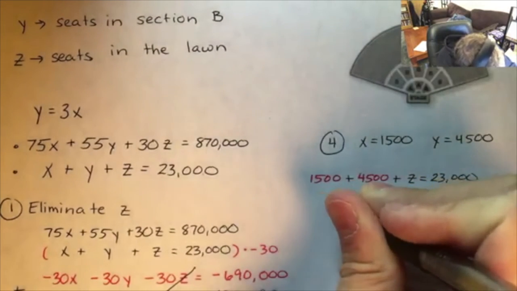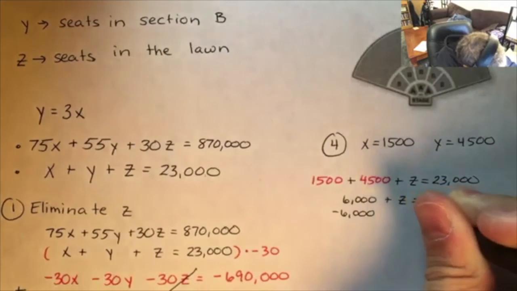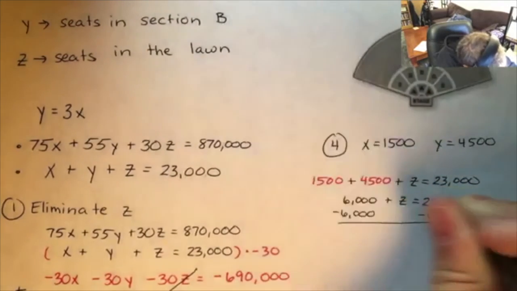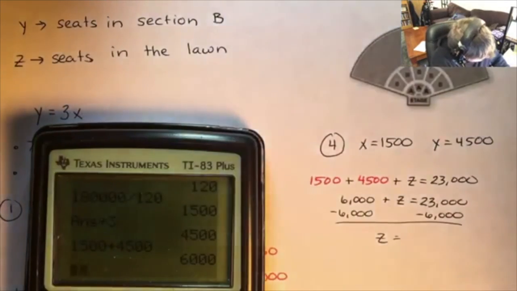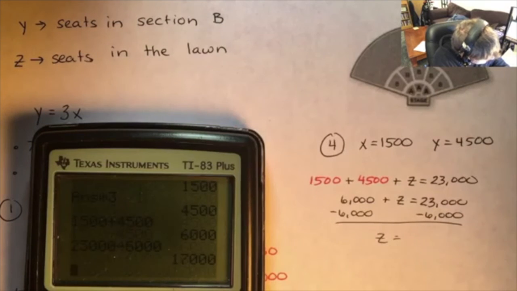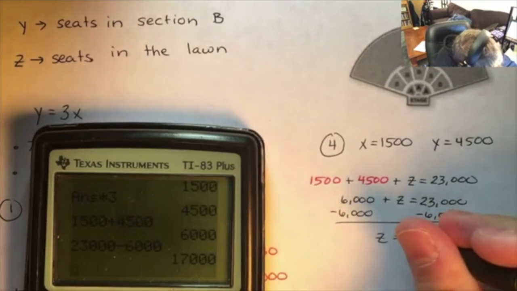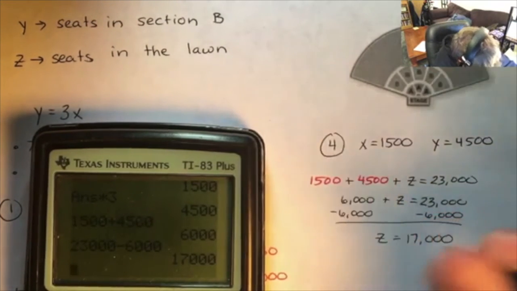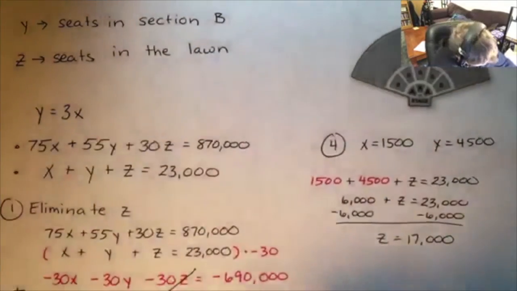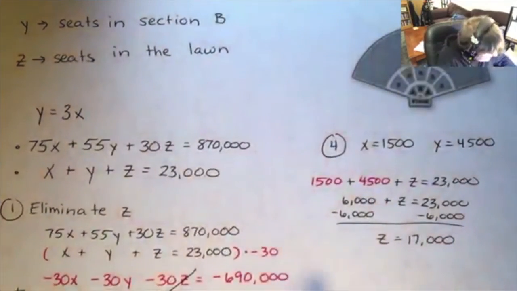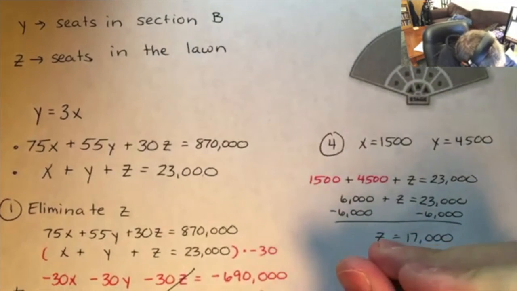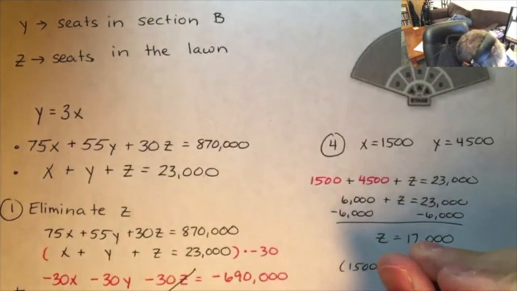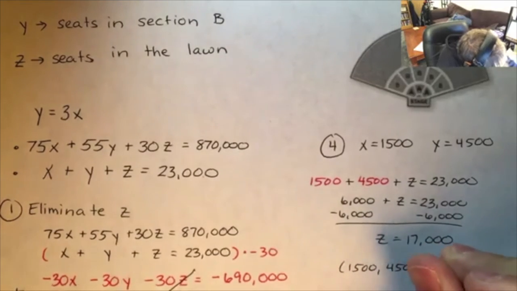Then we're going to subtract 6,000. So this is 23,000 minus 6,000, which is 17,000. Okay, so obviously we can go ahead and check our work. For the sake of time, I'm just going to go ahead and tell us that those all work. So we have 1,500, 4,500, 17,000.